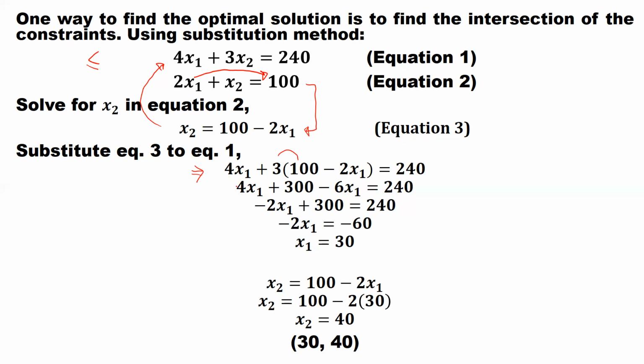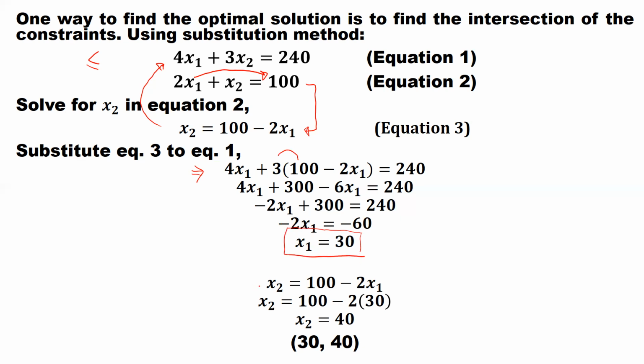So adding similar terms, 4x sub 1 minus 6x sub 1 would give us negative 2x sub 1 plus 300 equals 240. And then subtracting both sides by 300, we have negative 2x sub 1 equals negative 60. And we divide both sides by negative 2, which would give us x sub 1 equals 30.